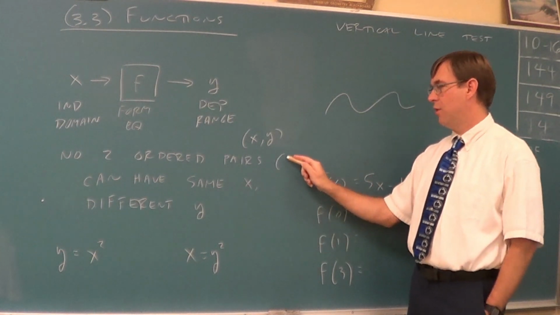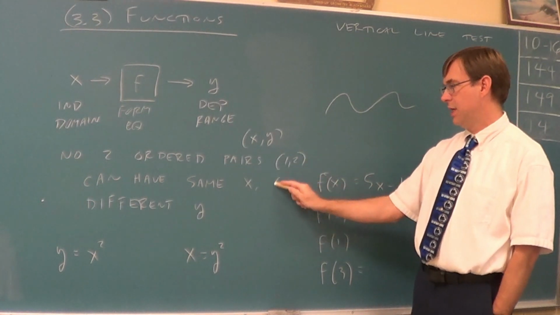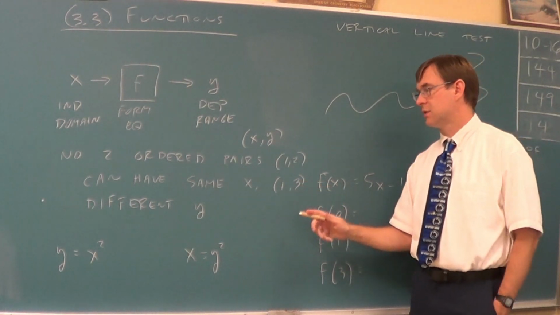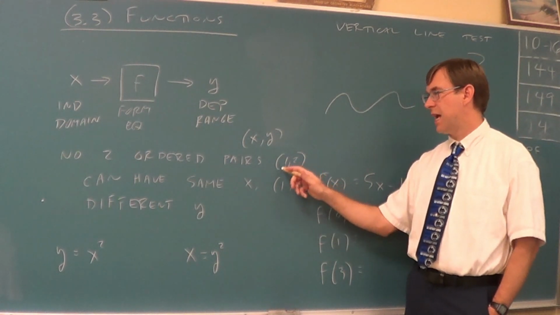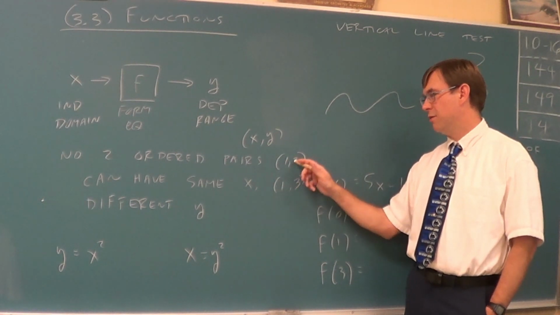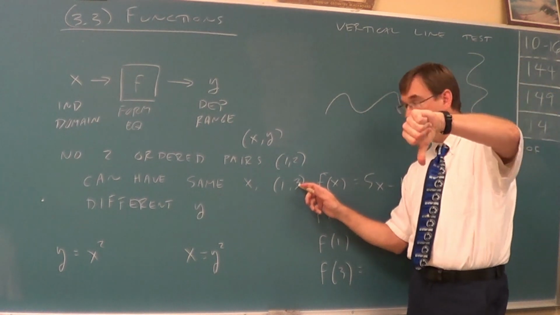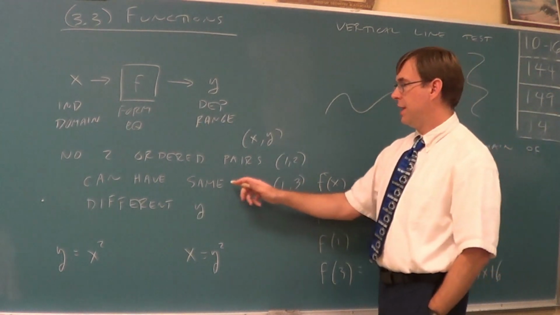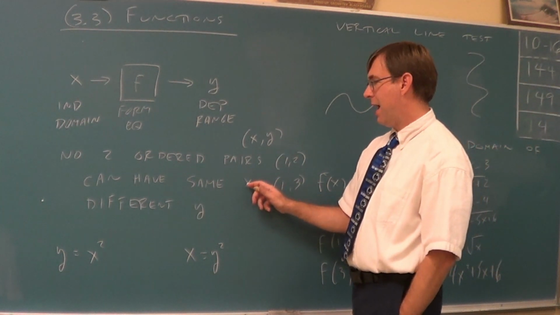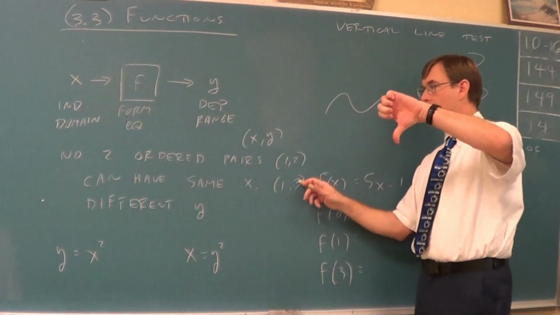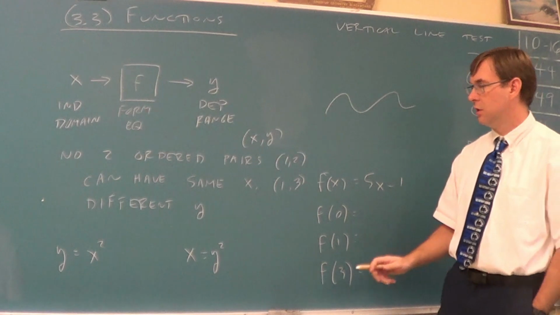So for example, if I said 1, 2 is in this and 1, 3 is in this, those have the same x, those have different y's, so we would say no. If things have the same x but give you different y's, we're going to say no-go on that, and we are not a function.